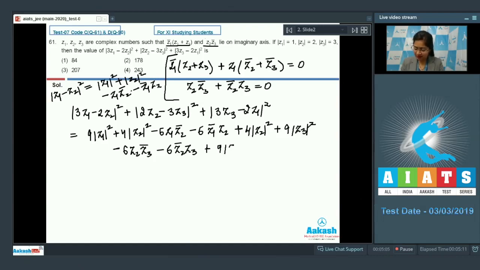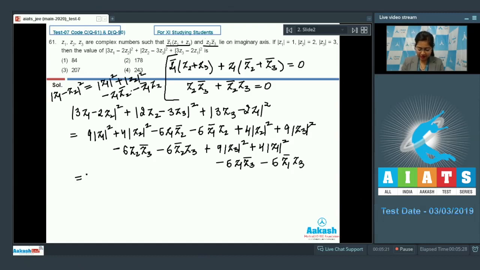Similarly, we will get 9 into mod Z3 whole square plus 4 into mod Z1 whole square minus 6 into Z1 Z3 bar minus 6 into Z1 bar into Z3.